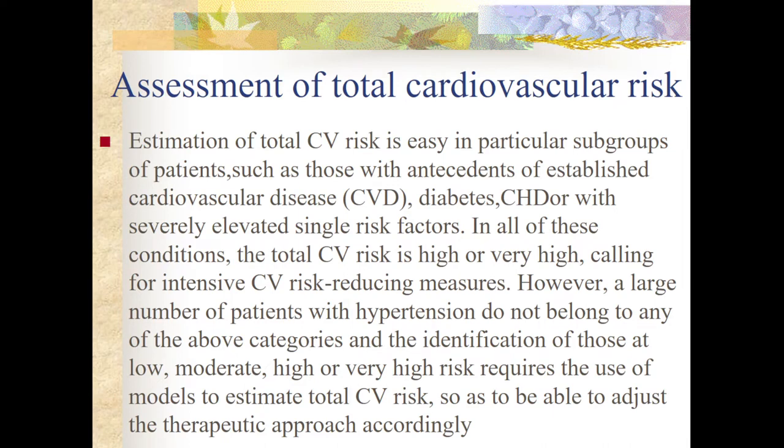However, a large number of patients with hypertension do not belong to any of the above categories, and the identification of those at low, moderate, high, or very high risk requires the use of models to estimate total cardiovascular risk so as to be able to adjust the therapeutic approach accordingly.